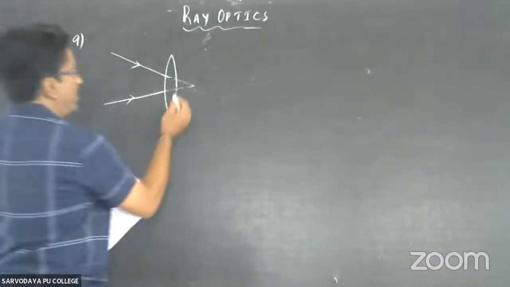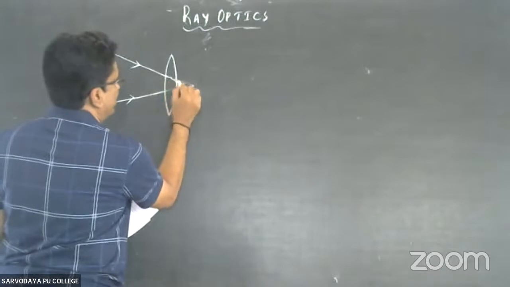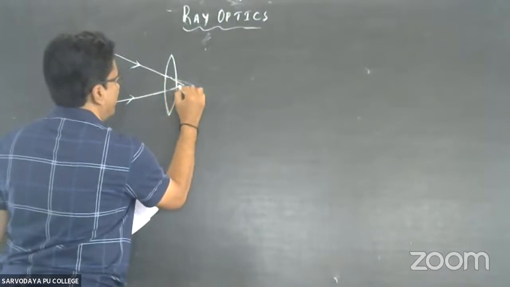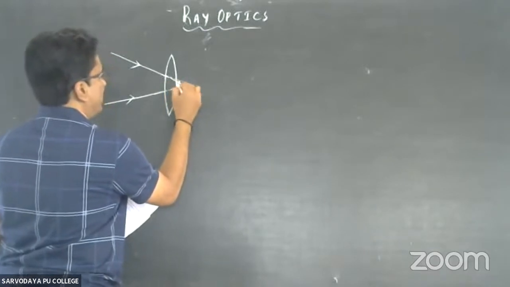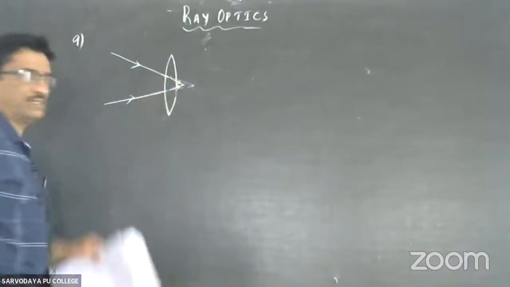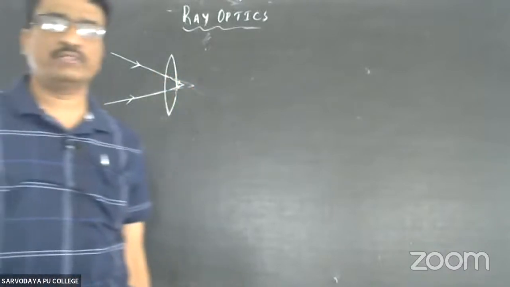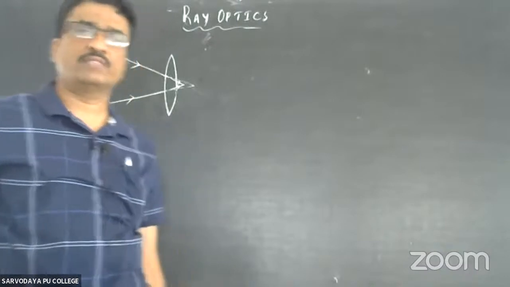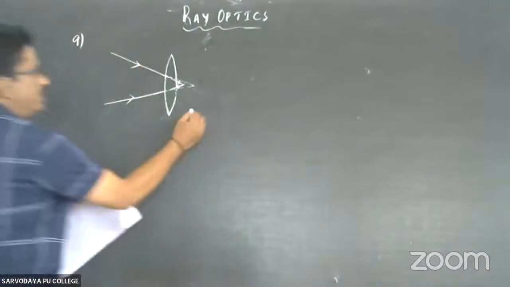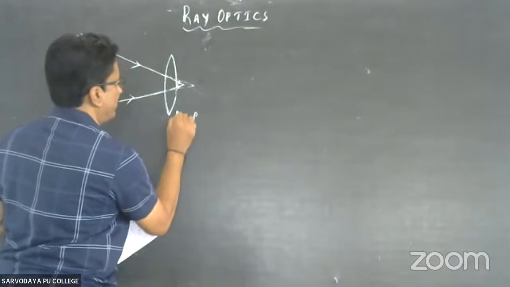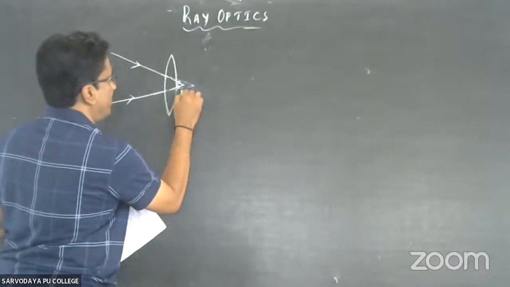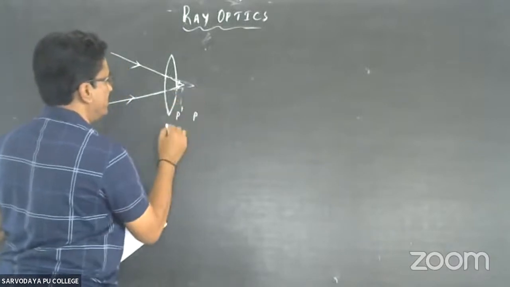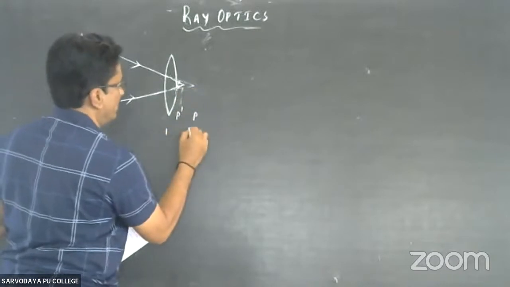But because of the lens that I have introduced, the rays converge at a nearer point, because a convex lens is a converging lens. It increases the convergence of the rays. That's why instead of converging at the point P, the rays will converge at the point P dash. This is what you have to consider.